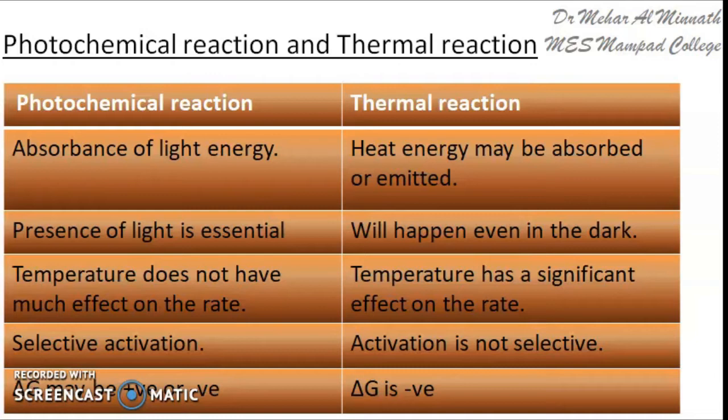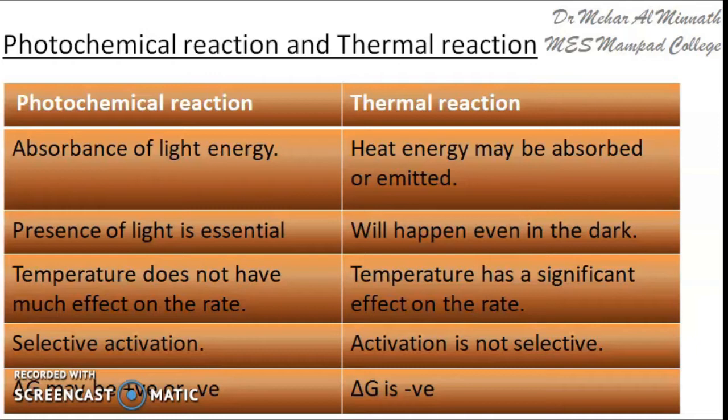That is, you have endothermic process and exothermic process. In endothermic process, heat is absorbed, and in exothermic process, heat is evolved or emitted. But in photochemical reaction, it's not necessary that heat may be absorbed or emitted. Light is definitely absorbed, and presence of light is very much essential.